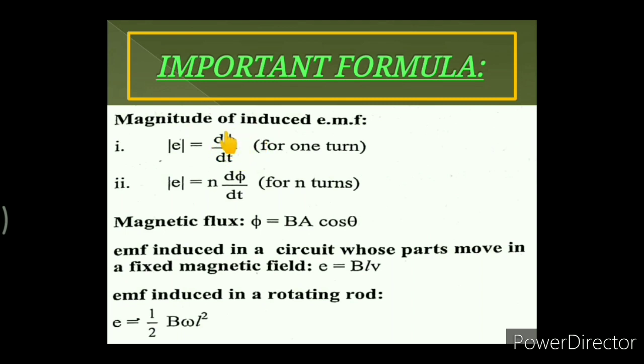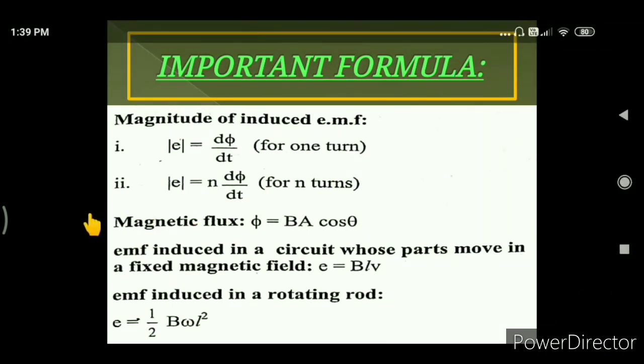So it is given as d phi by dt, and this is valid for one turn of the wire. When there are N number of turns in a coil, then the magnitude of induced EMF is given as N into d phi by dt.